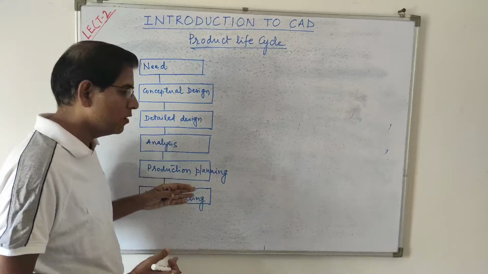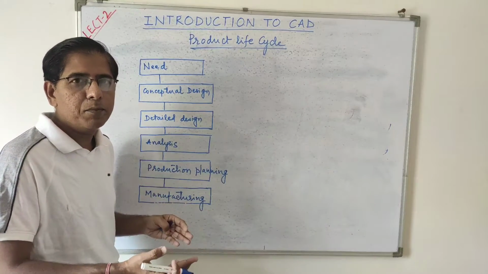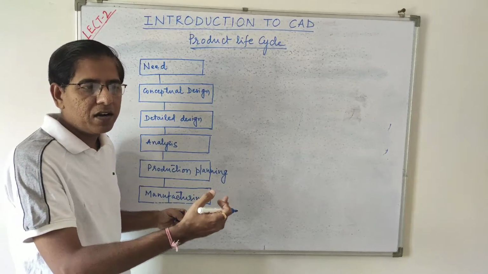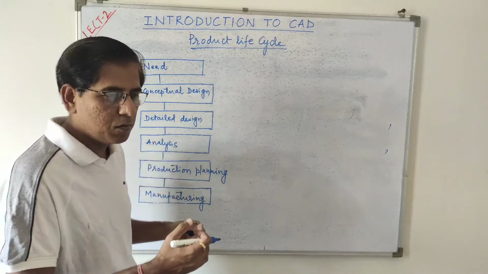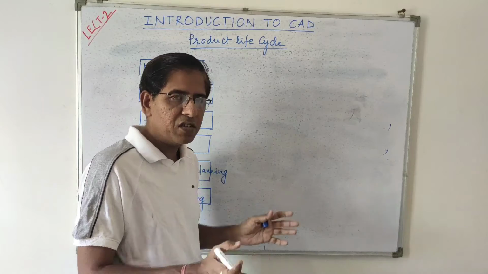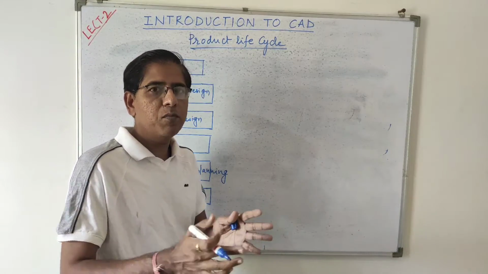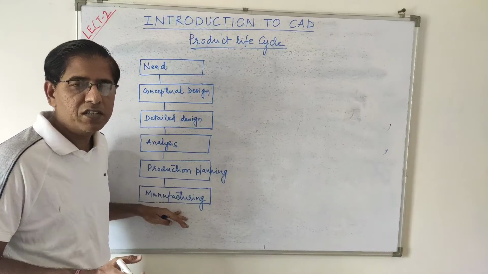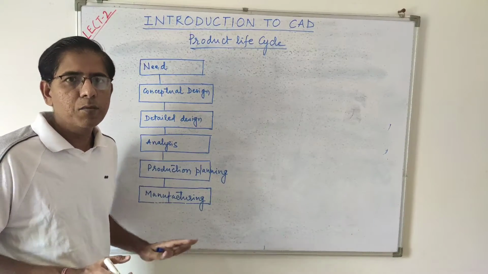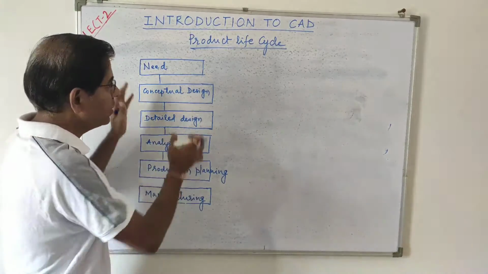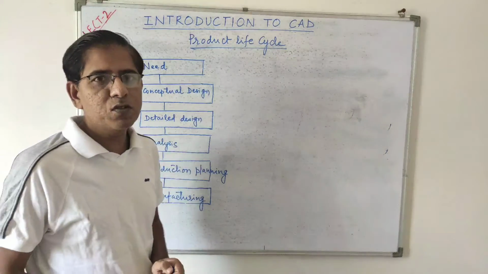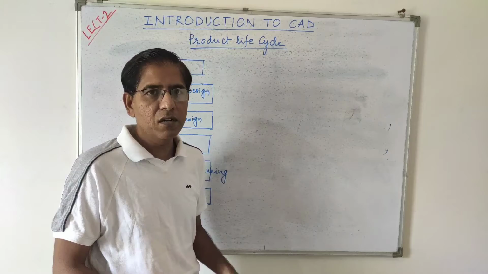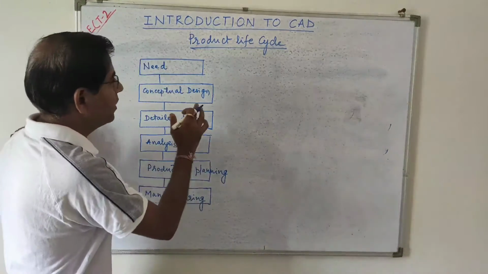Then the production planning part comes into the picture, where the manufacturing is planned, and then it goes into the manufacturing, and after manufacturing the product comes into the market. So these are the steps which are used for the conventional product life cycle.